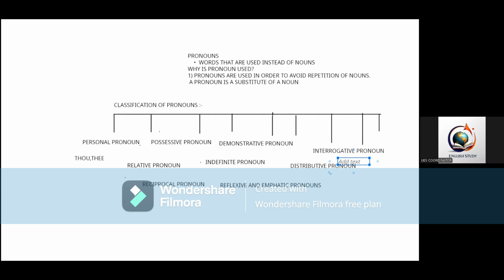And what are reflexive and emphatic pronouns? The most important part about pronouns is reflexive and emphatic pronouns: myself, ourselves, himself, yourself, herself, themselves, itself. So what are reflexive pronouns?